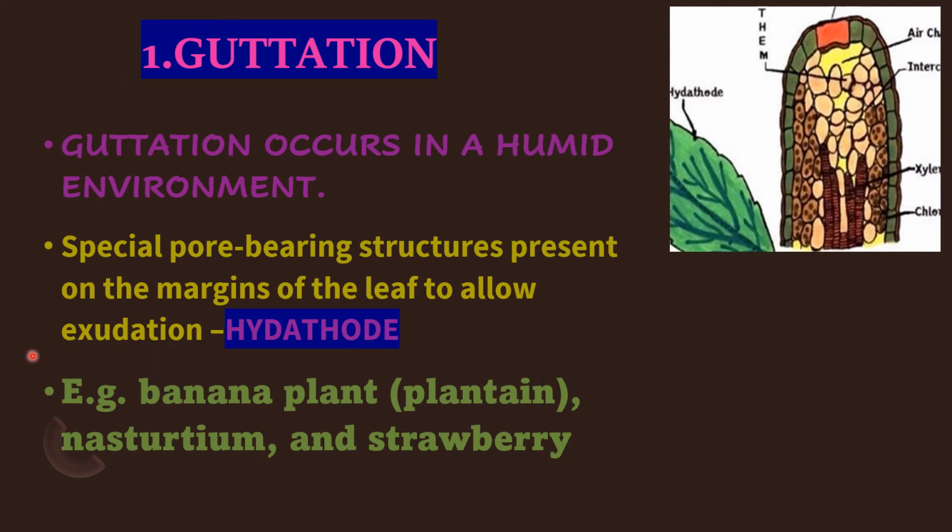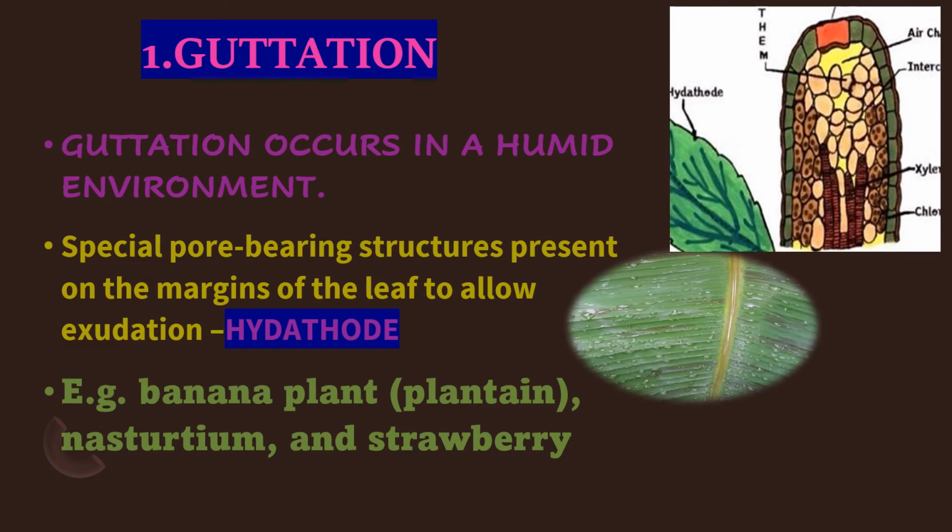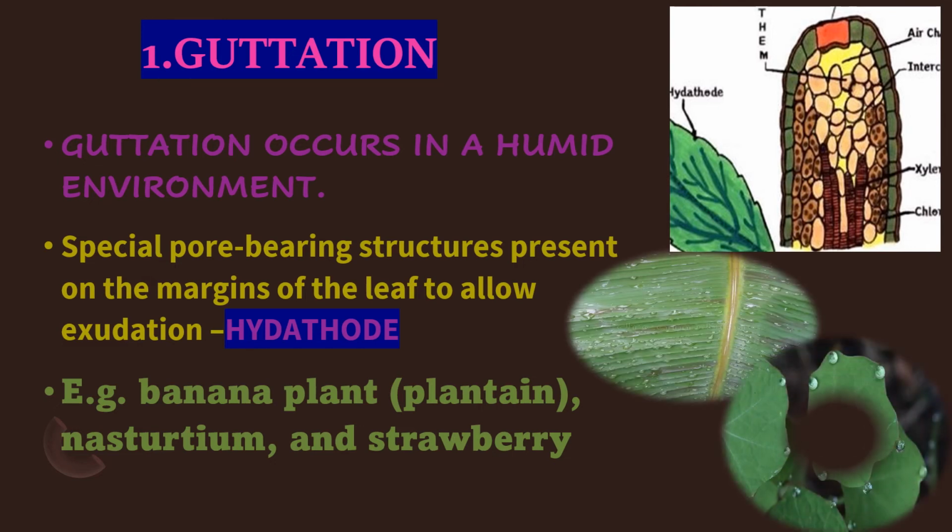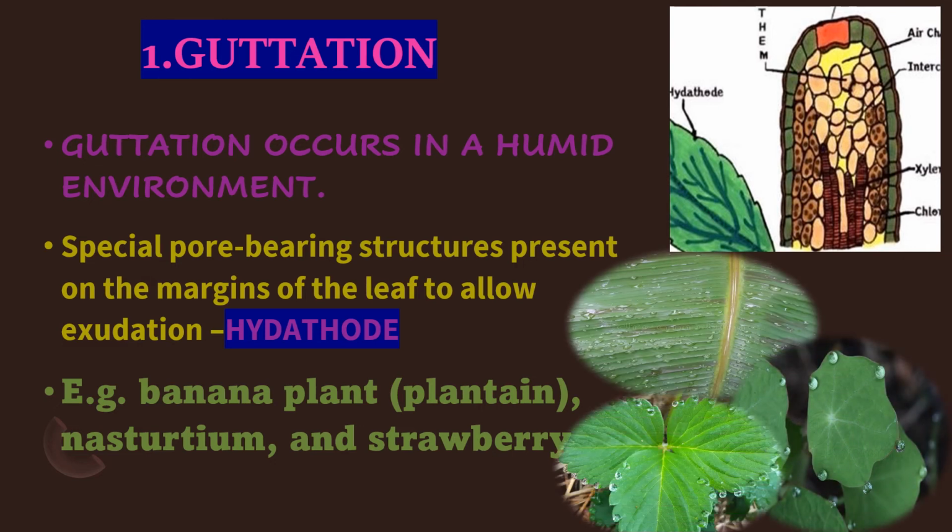You know that guttation is a type of exudation. Examples: banana plant or plantain, nasturtium and strawberry. All the herbaceous plants showing guttation, that we can see early in the morning. We can see water droplets along the margins of the leaf.